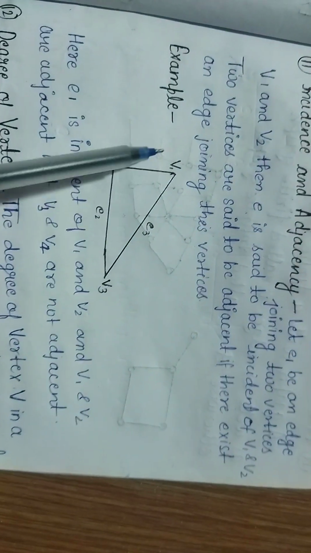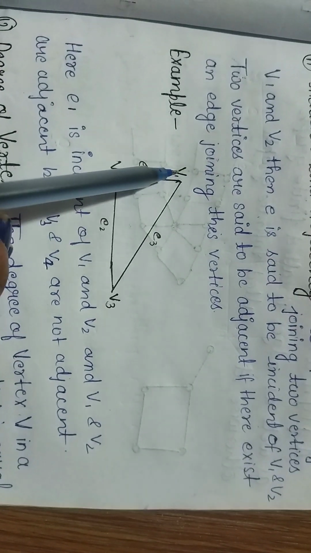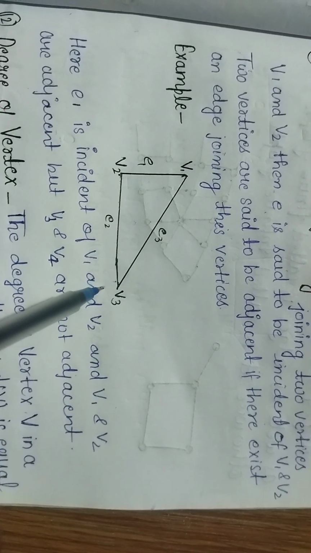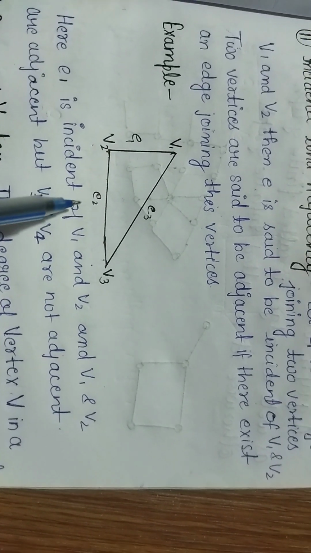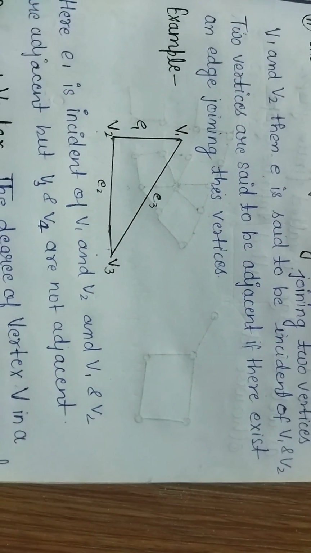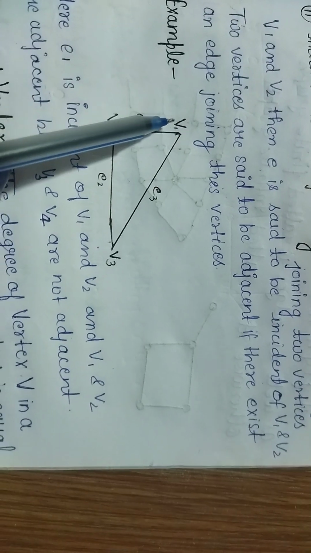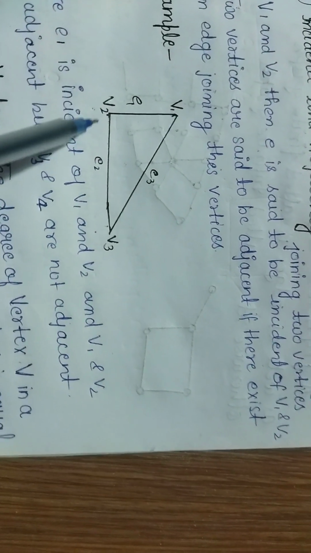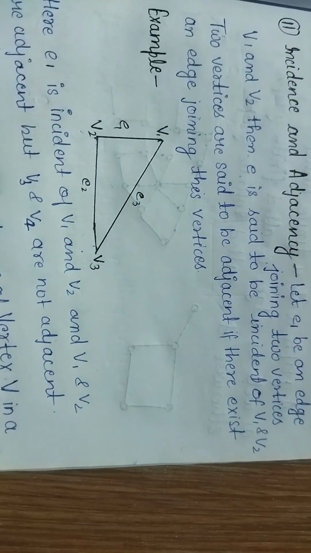Suppose E3 is an edge between V1 and V3, so they are adjacent, and V2 and V3 are not adjacent. Like suppose E1 joins V1 and V2, so they are adjacent, but if we take V2 and V3 with E1, it is not adjacent.